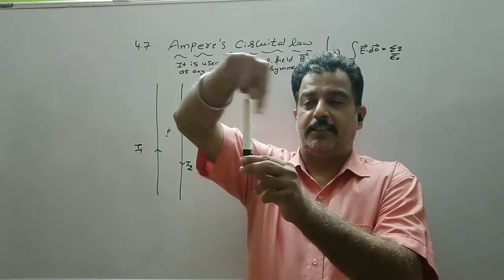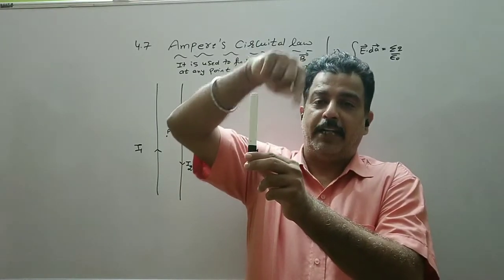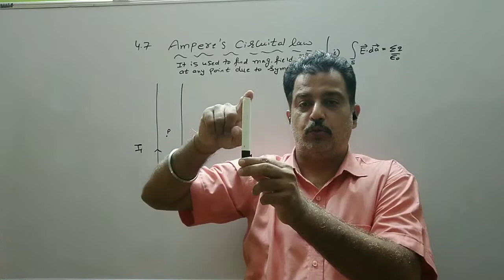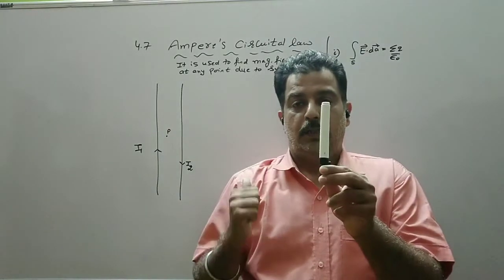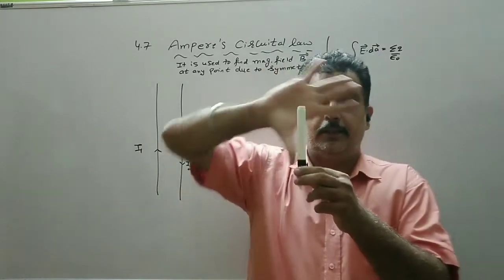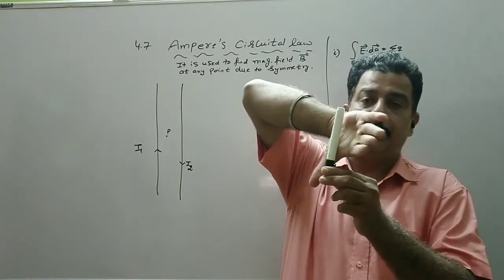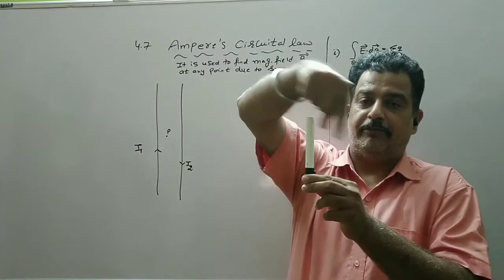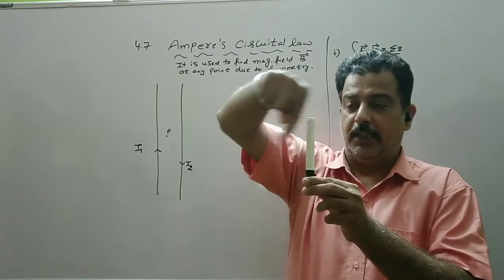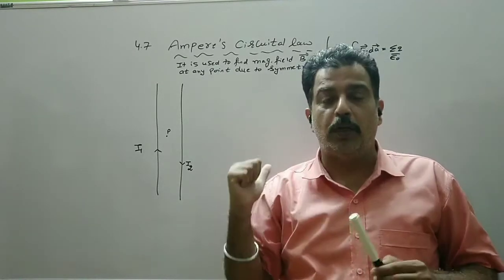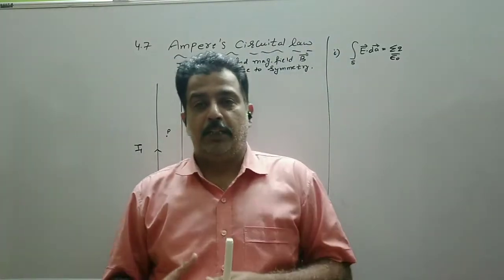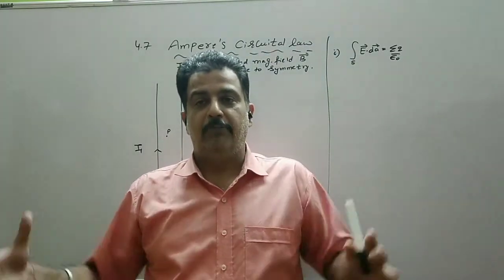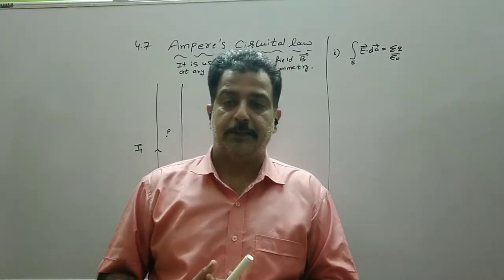Now if it is the case, the magnetic field due to this wire is going into the plane of the board. If I take this wire, the current is downward. Again the field lines are formed like this. Again at point P it is going inward. So the resultant, we know that we can apply the superposition principle and we can do the summation.